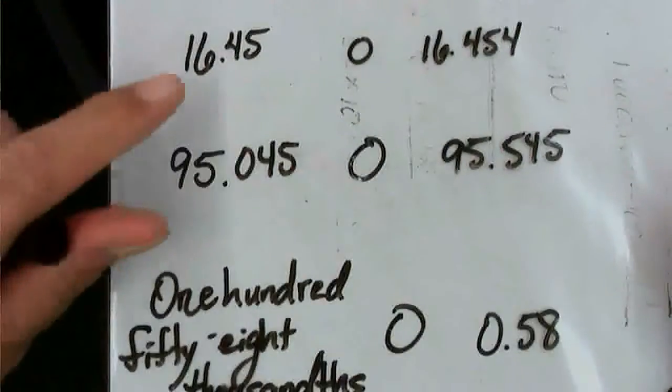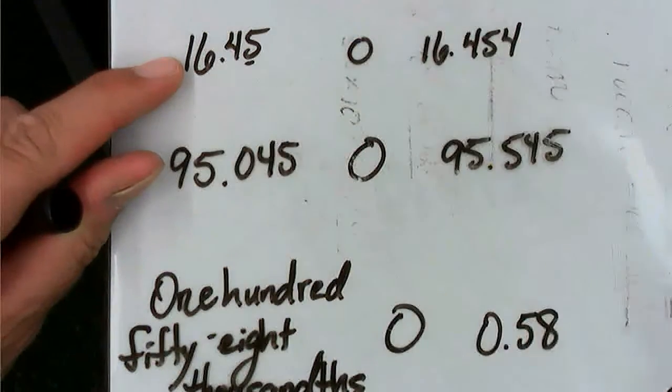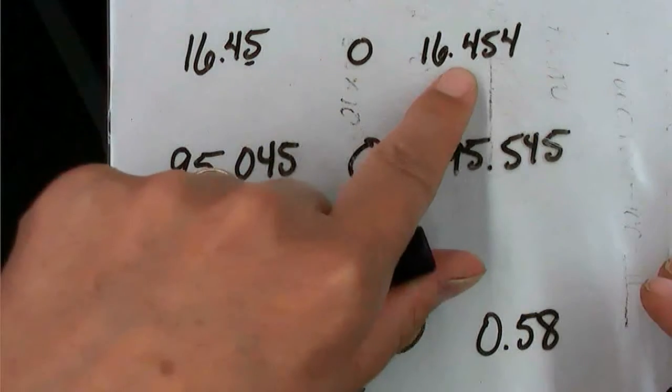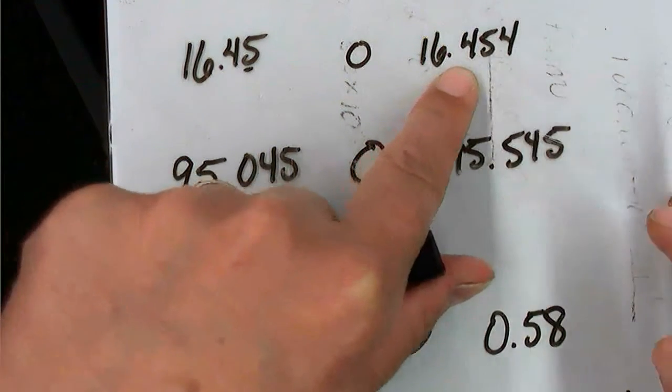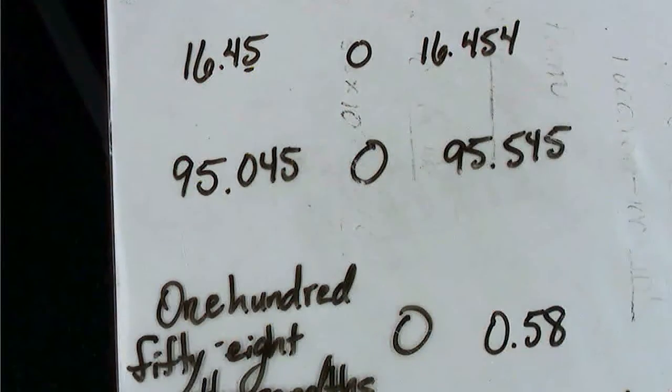This next one, we've got 16 and 45 hundredths, because the 5 is in the hundredths place. This one, however, is 16 and 454 thousandths. So the numbers match completely until you get to the thousandths place.